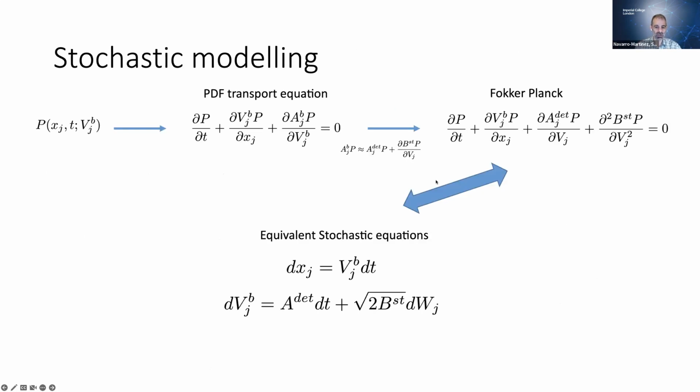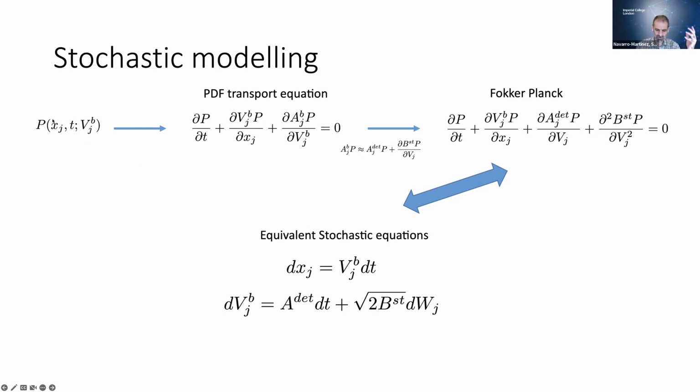So, we did a bit of stochastic modeling because, I mean, it's clear that tracking one body is going to be very inaccurate. So what we did is, okay, let's look in a statistical sense. What is the probability of the body arriving? Or if you want to be more precise, let's try to find an equation for the probability of a body being in a certain position and having a certain velocity.